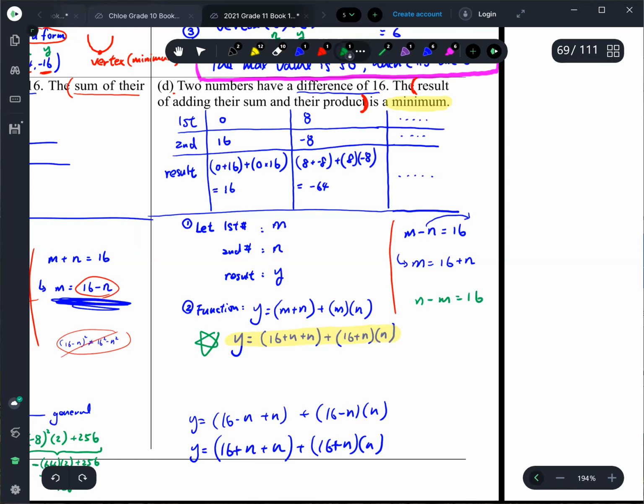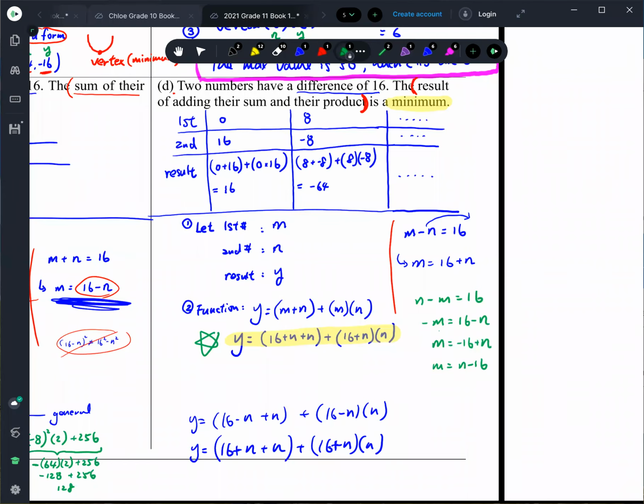If you use n minus m equals 16 and you try to isolate m, it'll be negative m equals 16 minus n, right? And then you need to divide by negative on both sides. So it'll be negative 16 plus n, which is the same as n minus 16.